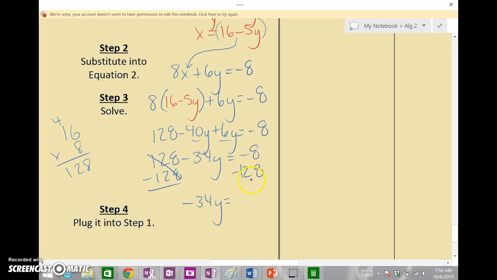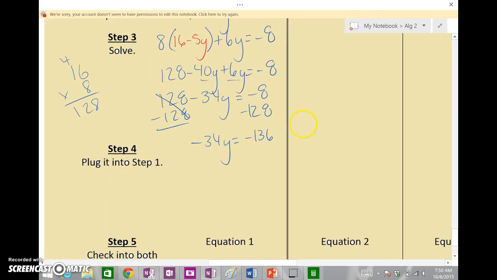Now negative 8 minus 128, two negatives make a bigger negative, so it's negative 136. And I'll divide both sides by 34. I did this calculation ahead of time. If you want to use a calculator, no problem. Go ahead and grab one. I put them up at the front of the classroom. Cross that out. And then y is equal to 4. So there's our first value. y is equal to 4.